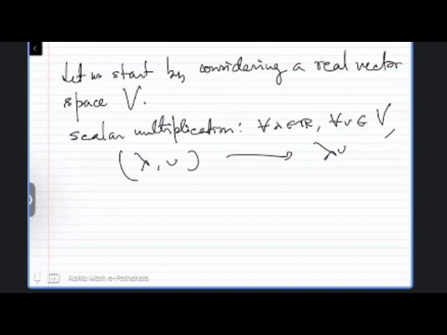But what is our goal? We would like to define scalar multiplication of the same set V with respect to complex numbers.